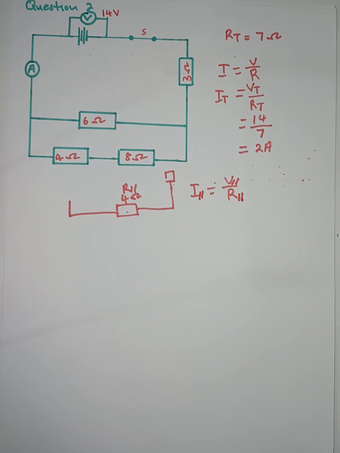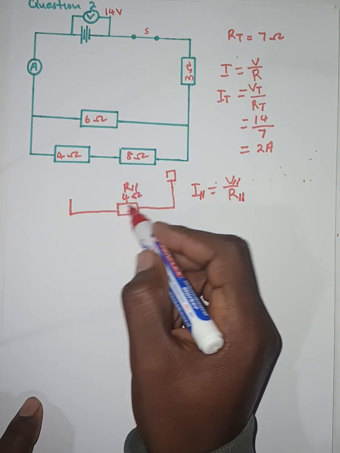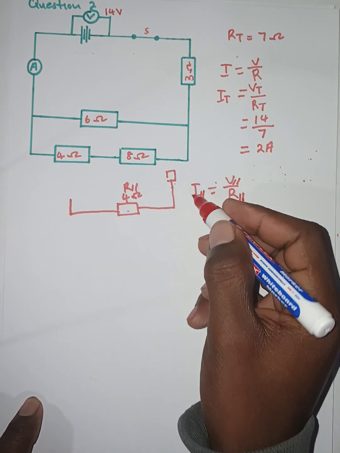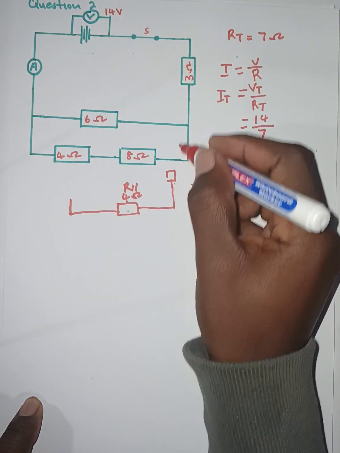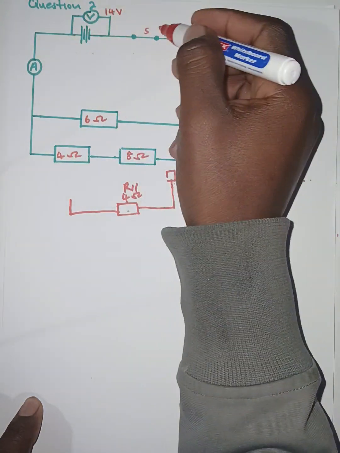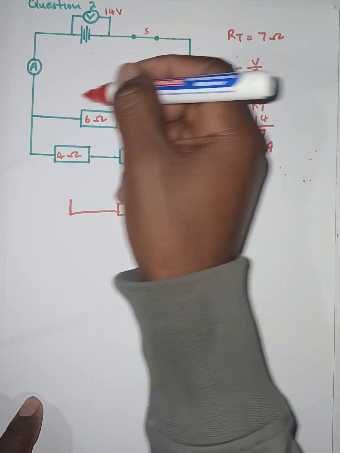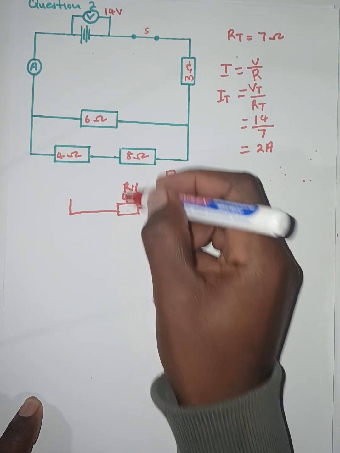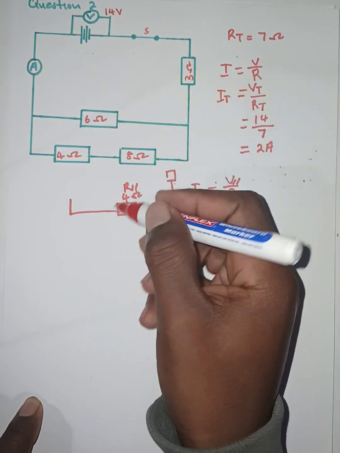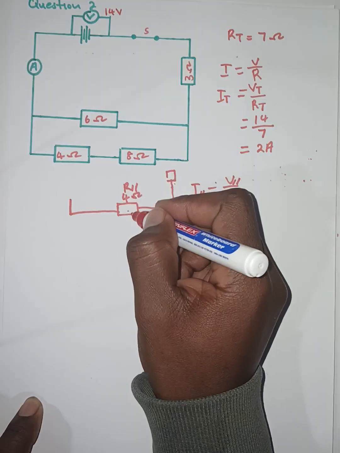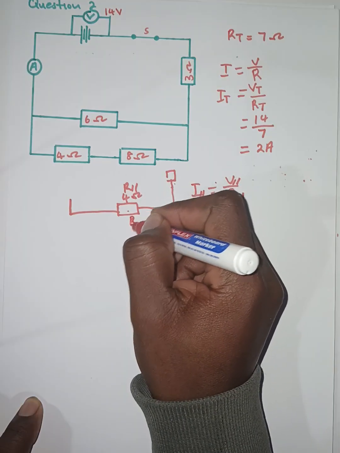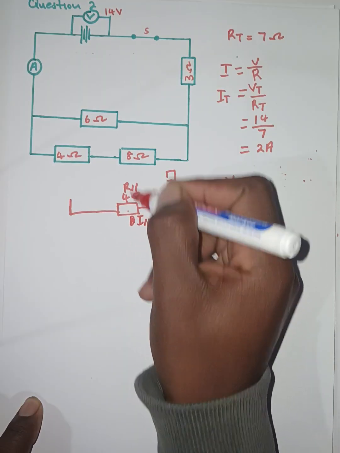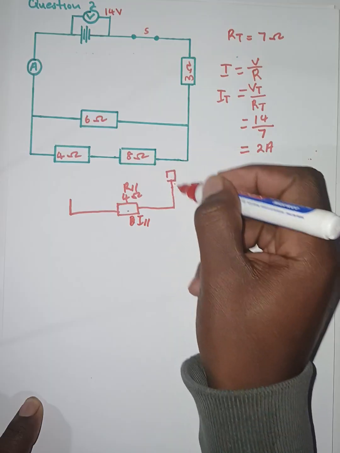Now if you note, this was our parallel resistor, right? Remember we said the current coming out of the circuit would be the total current, the same current that passes through that point. So if we combine those two resistors, the current passing through that point would be I total, because we've treated them as one, so in this case they're in series.